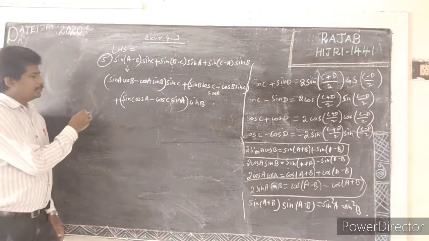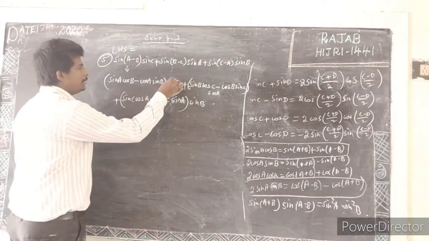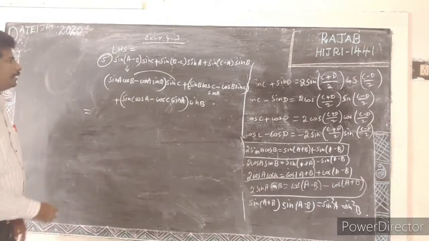Now this is equal to, see, now I am going to multiply these two terms. So what will happen?